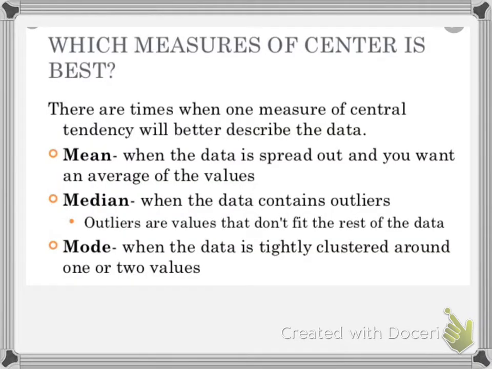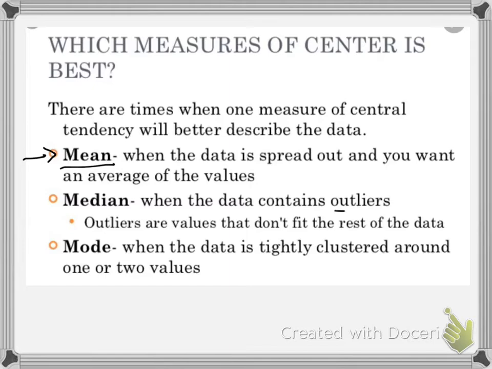So generally, which measure of center is best? So typically, we would use the mean when the data is spread out and you want to find an average of the values. Let's say there's no outlier involved. You would choose the mean. Typically, the mean is the best measure of center then.